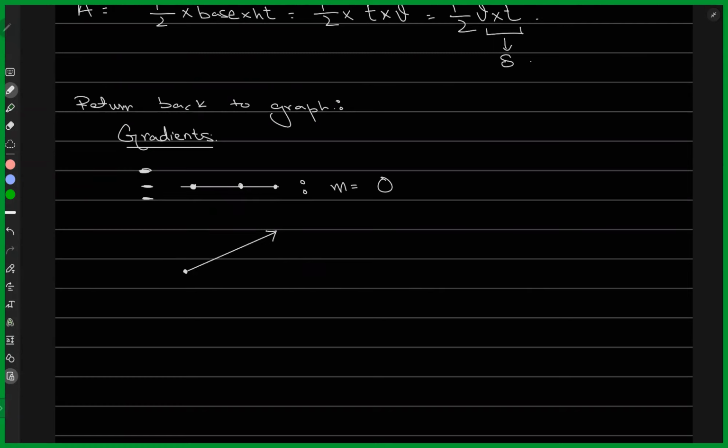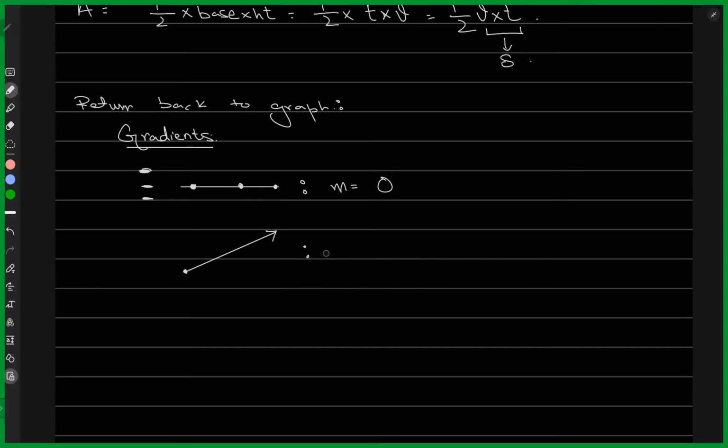What would you expect the gradient to be? Just tell me if it should be greater than, less than, or equal to 0. Greater than 0, exactly, right?